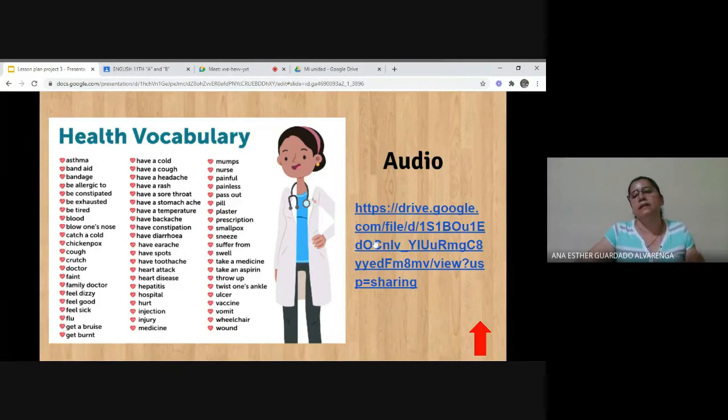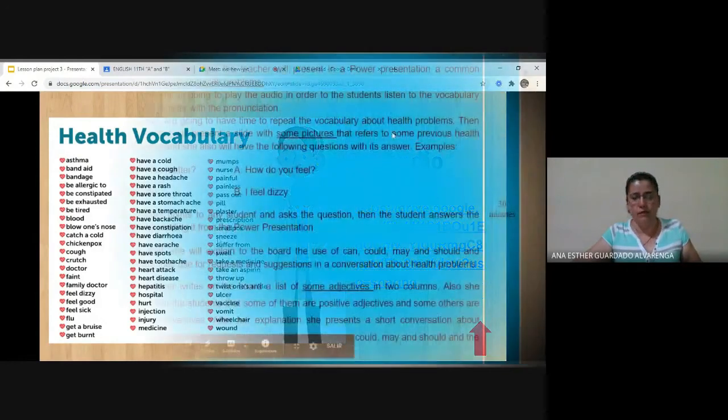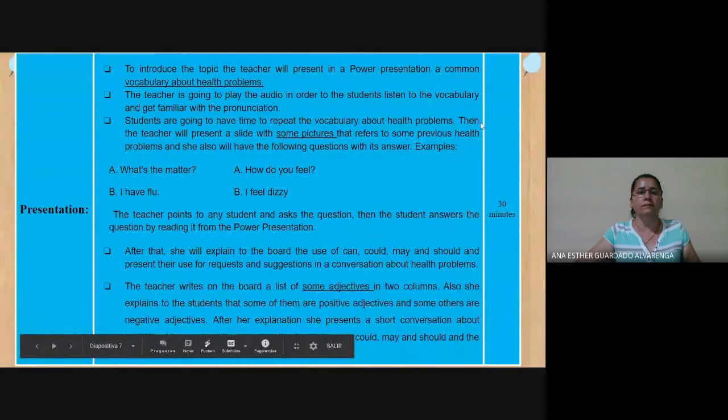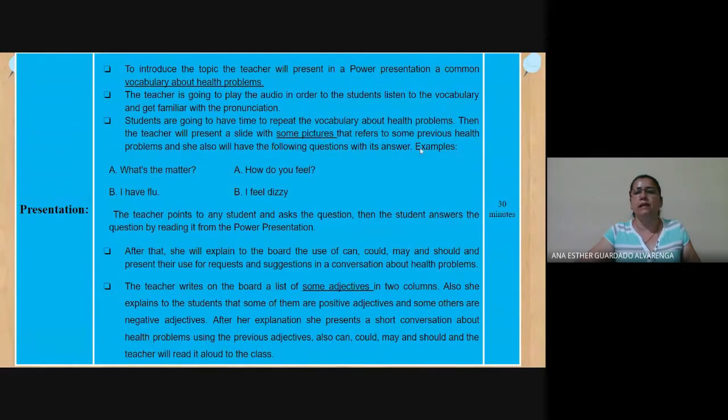And the students are going to listen to the vocabulary in order to get familiar with the pronunciation. Then the teacher is going to give them time to repeat the vocabulary. And then the teacher will present a slide with some pictures that refer to some health problems, and she also will have the following question with its answer.